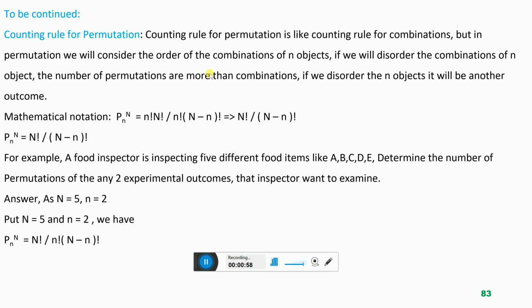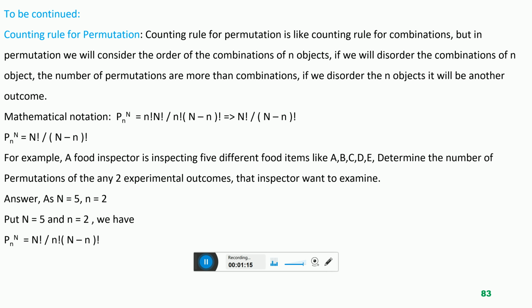Today we will again repeat the counting rule for permutation. So permutation and combination are almost the same thing.